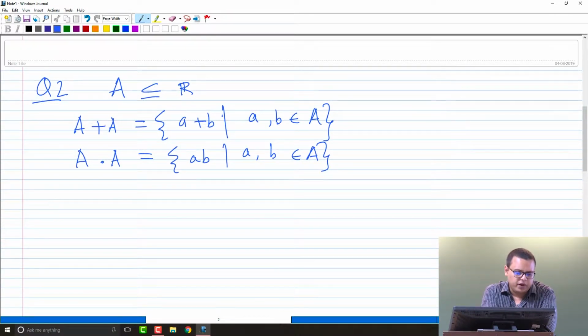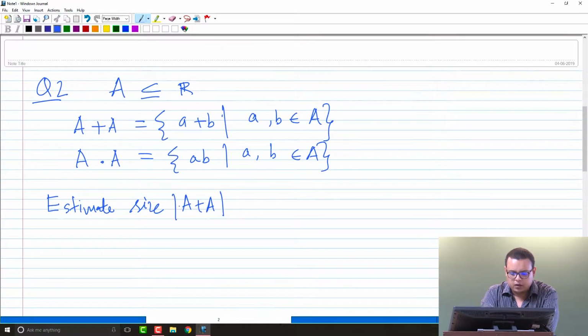Let us say I want to estimate the size of A plus A and A dot A in terms of size of A.